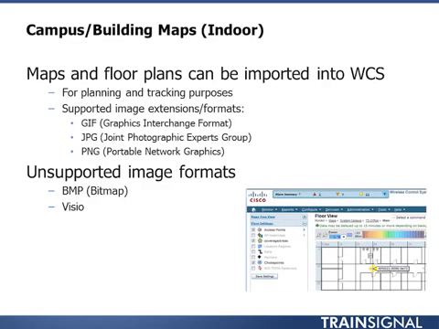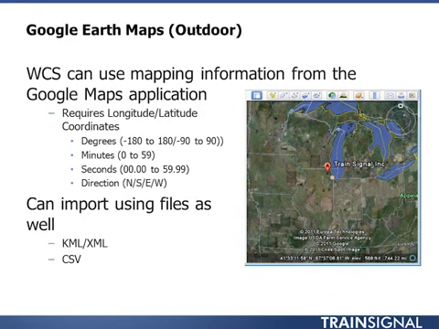I had mentioned that you can bring floor plans and maps into the wireless control system database, and that is really helpful for monitoring and tracking and helping you configure where your access points are. But in addition to floor maps, you can also bring in Google Earth maps, and this is quite useful when you're looking at campus-wide deployments.